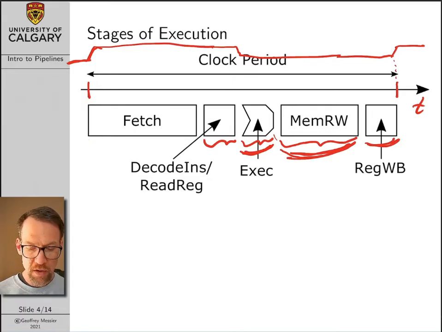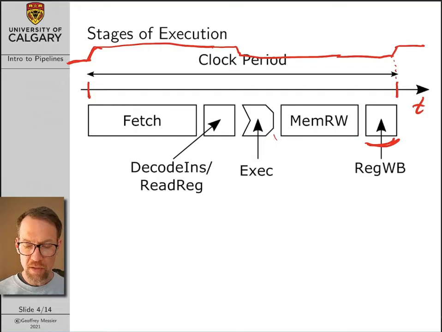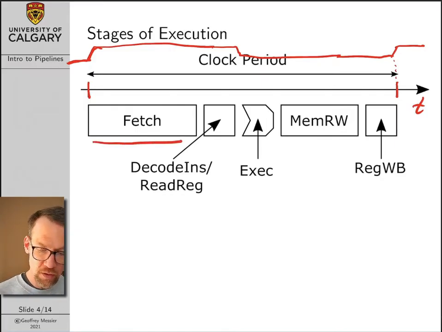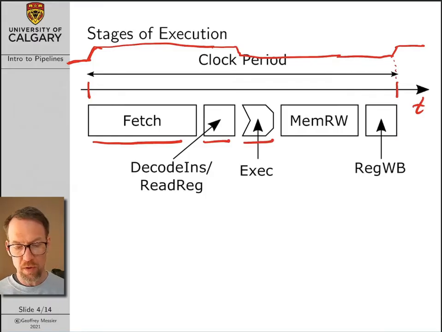You might notice here that I am allocating time for operations that might not always happen. For example, if we're just doing a register calculation like add, we need to fetch our instruction, decode our register values, execute our command in the ALU, and then write back to registers.